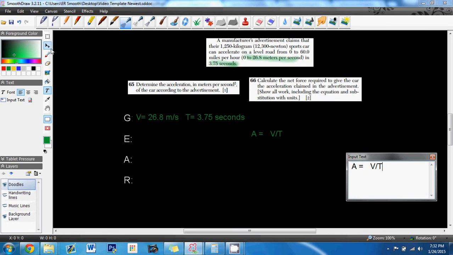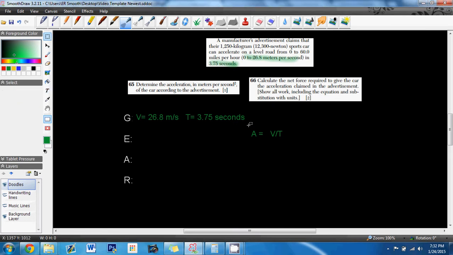So that's our equation right here. Little triangle right here.